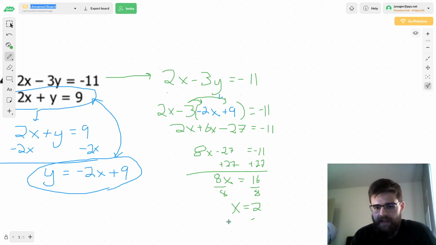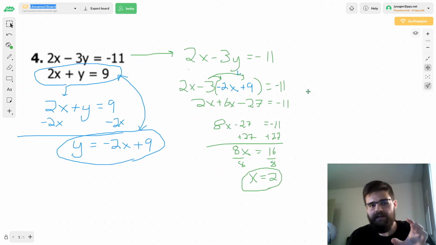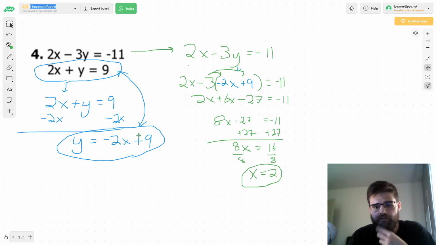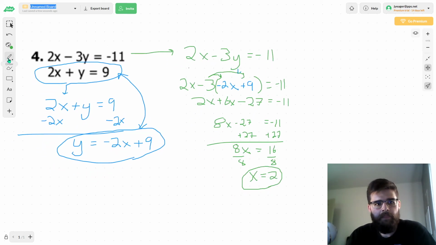We're not done. We have part of the answer, but remember our answer is a point. The solution to the system is the point at which those two equations meet. So I have the first part of the answer. I know that I'm going to have 2, something. There's some y coordinate that's going to work for me.